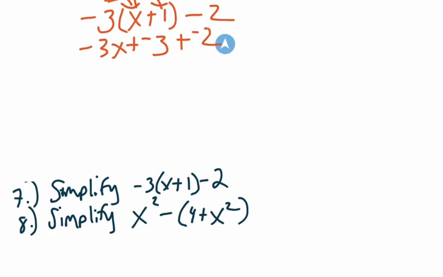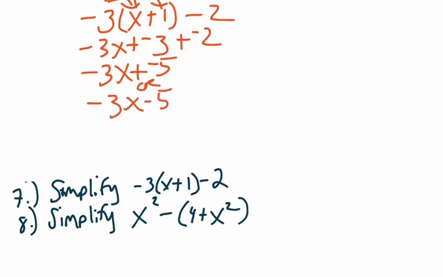Now when it says simplify, it means we want to get this as simple as possible, and I can't do anything with the negative 3x, but I can do negative 3 plus negative 2, and of course on our number line that would mean going left 3 and then left 2 more, and we'd end up going left 5. And you can leave that as negative 3x plus negative 5 or negative 3x minus 5, either one.